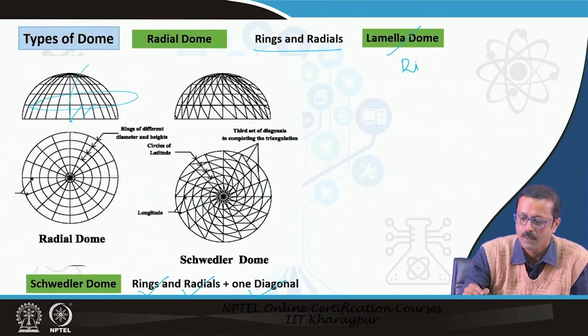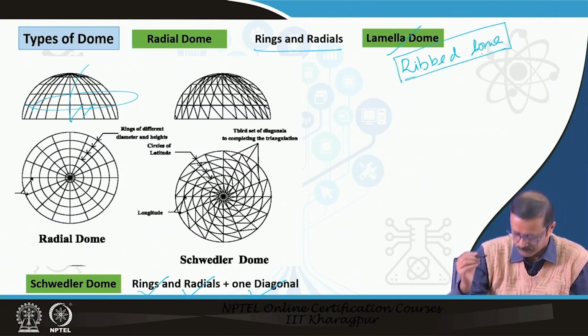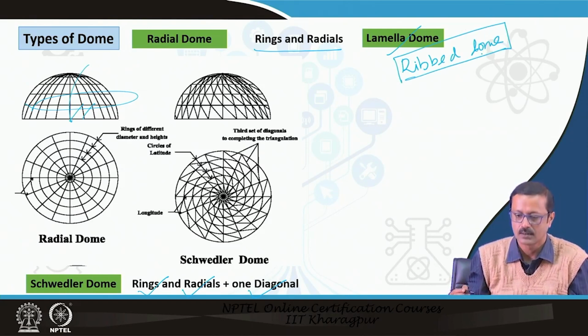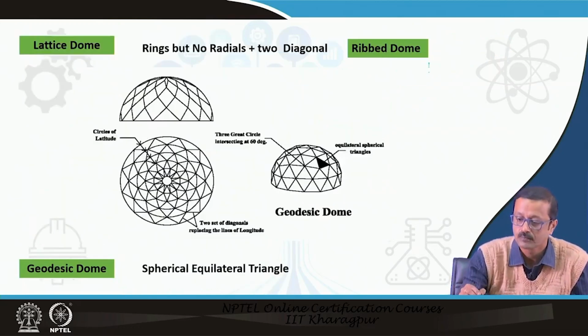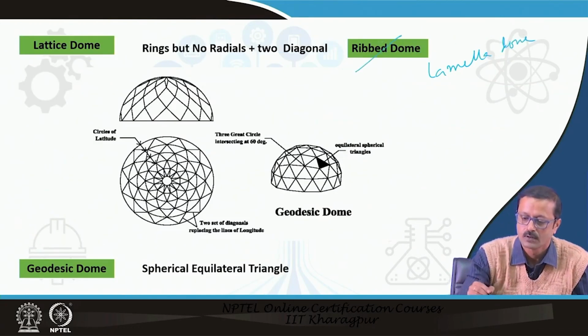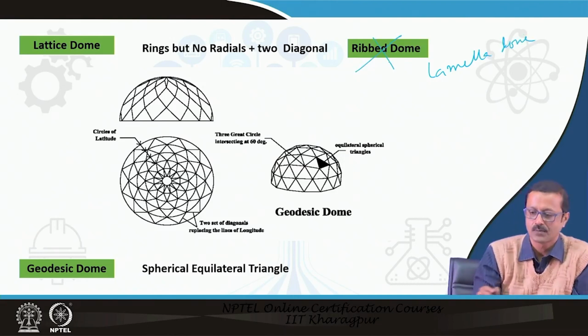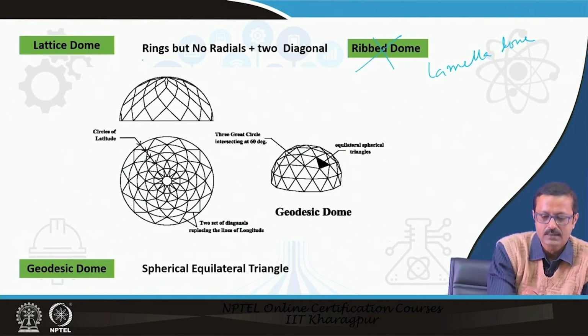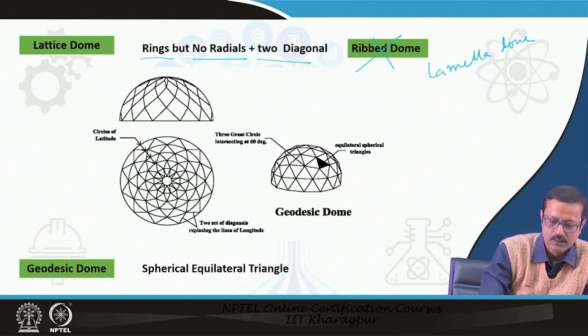I made a mistake. The lattice dome, or laminar dome, has rings, but no radials, and two diagonals are there. There are rings like this, and there are two such diagonals.